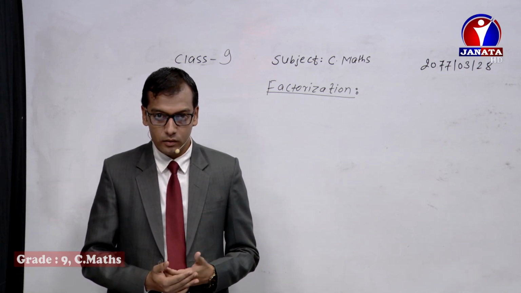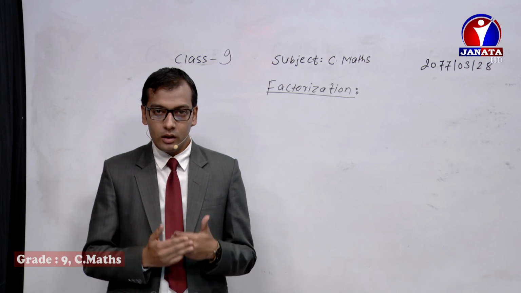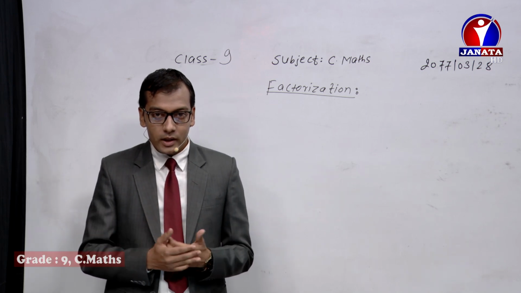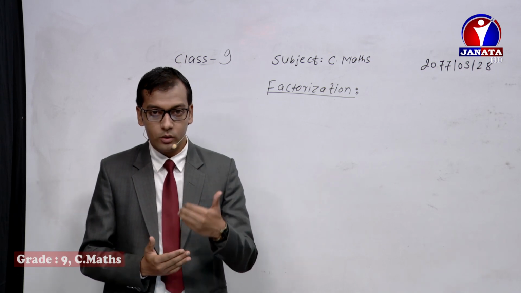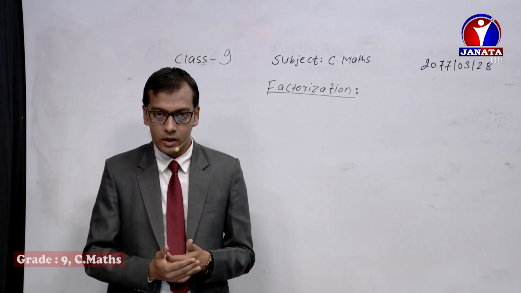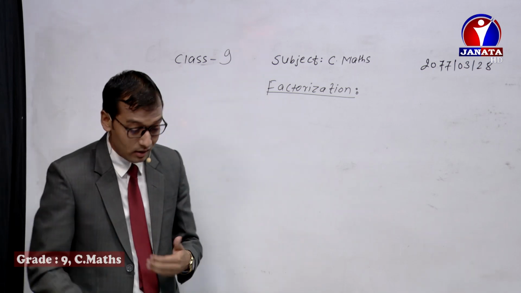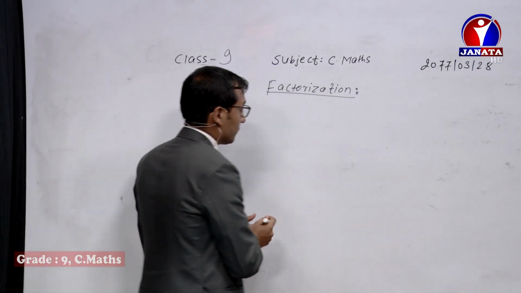It's factorization for today's class, and today we will be discussing some factorization based on a to the power 4 plus a square b square plus b to the power 4. So let me write here for today's topic.